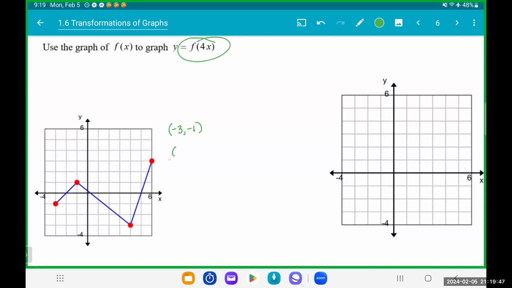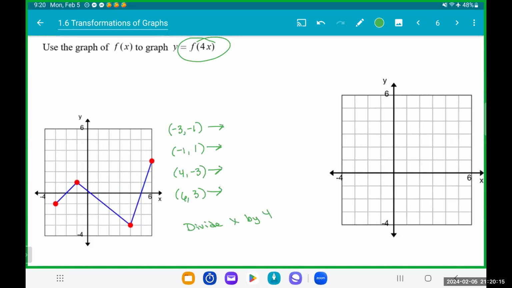We have a point -1, 1. That's this point. We have a point 4, -3, and a point 6, 3. If we divide each x coordinate by 4, we will get our transformation.